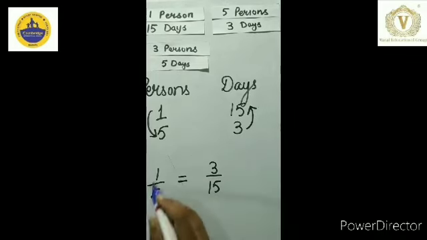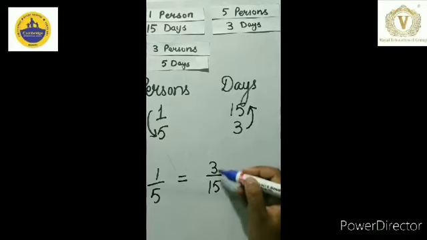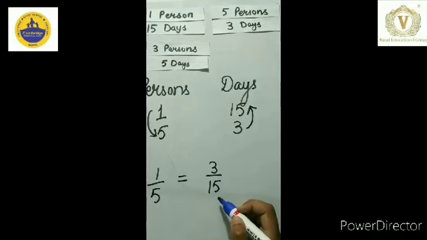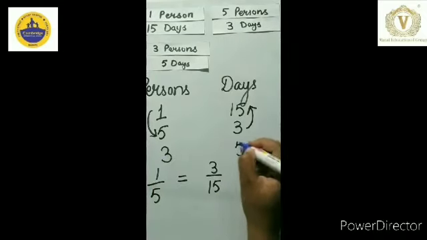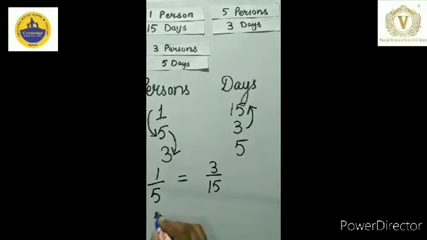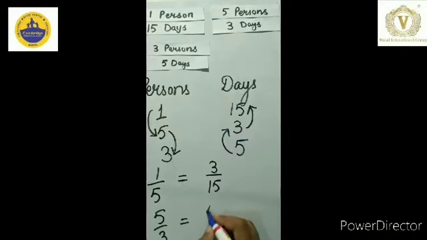Okay, we can't write 1/5 is equal to 15/3. Fine. Or you can see that after cancelling 3 and 15, you will get 1/5. So 1/5 is equal to 3/15. And if the number of persons is 3, then the food lasted for 5 days. So in that case, 5/3 is equal to the inverse of this. So that means this will be 5/3.